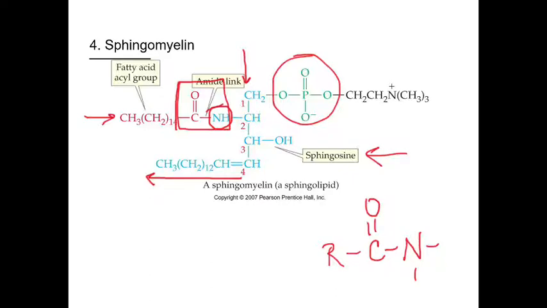What you get from sphingomyelin is the phosphate group, and a fatty acid attached onto it, shown in red. But the sphingosine backbone is not 3 carbons long, it is about 18 carbons long. 4 of them are numbered, and the rest of them are down here.